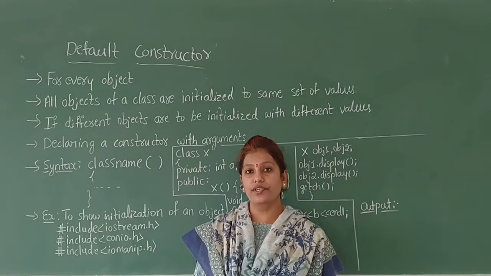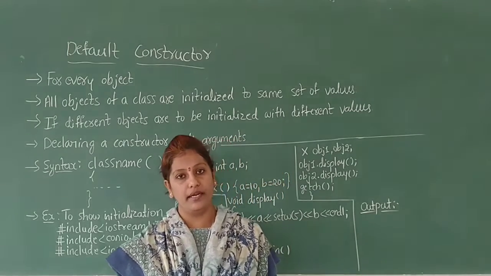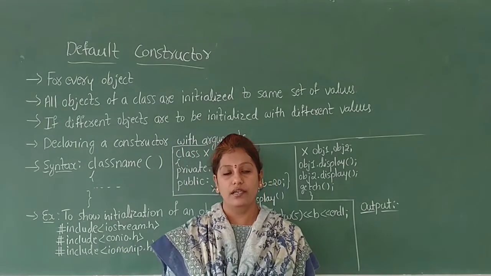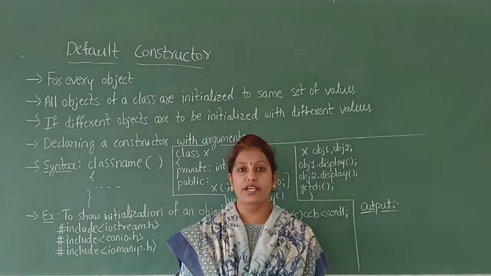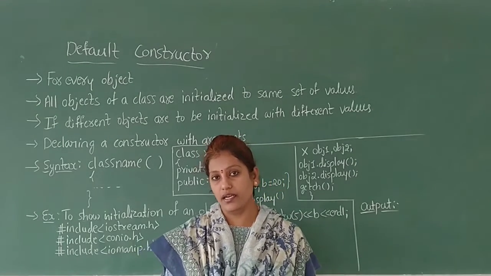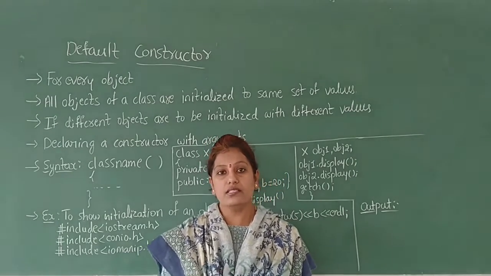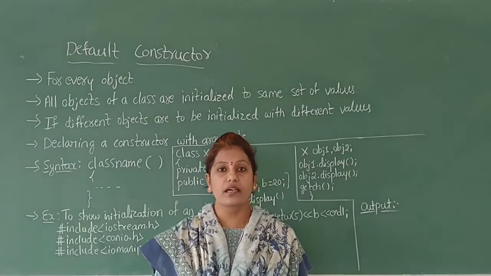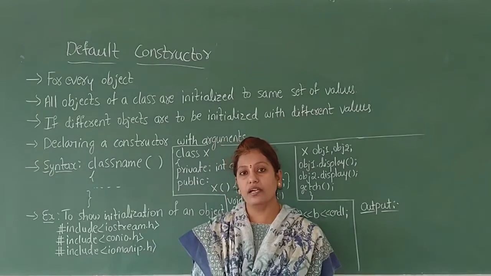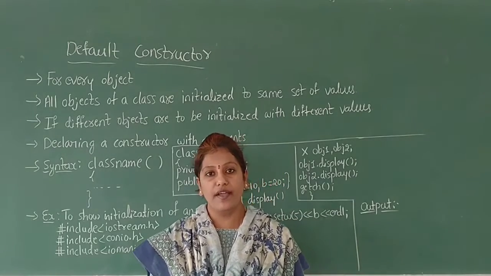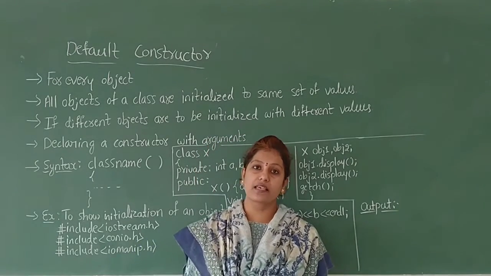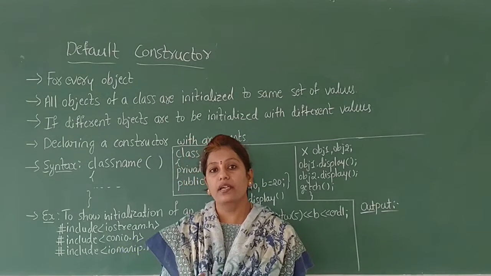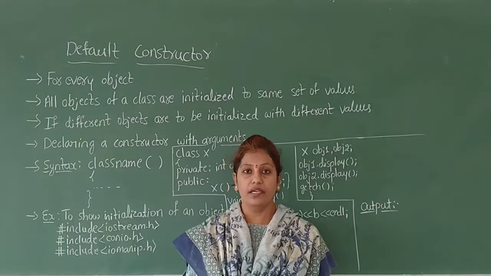A constructor which does not accept any argument is called a zero argument constructor. It is also called a default constructor. Default constructors are useful when objects of a class are created without having to type initial values.